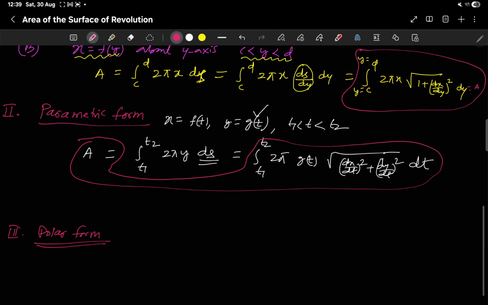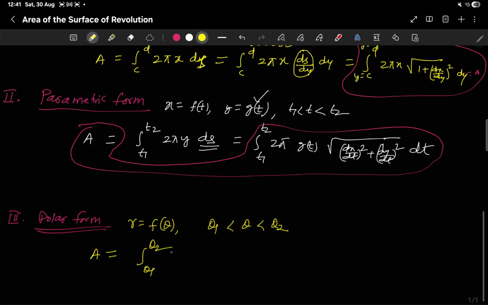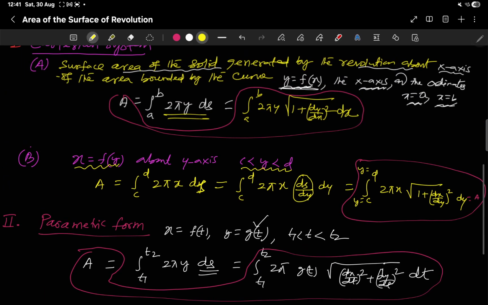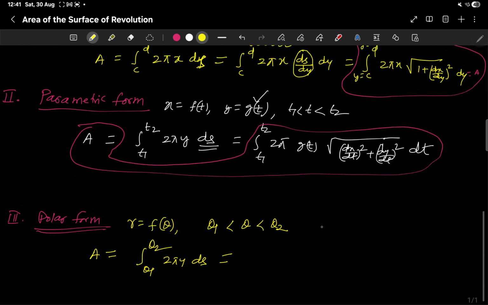Similarly, if you have the polar form, say r is equal to f of theta, and the limit of theta is known, say it lies between theta 1 to theta 2, then the surface area is given by the integral from theta 1 to theta 2 of 2 pi y ds. This is the fundamental one. In polar form, you can think of x is equal to r cos theta, y is equal to r sin theta.